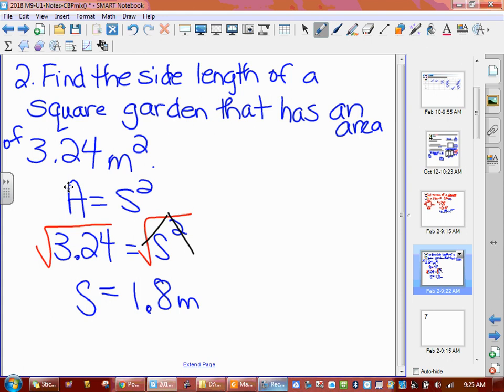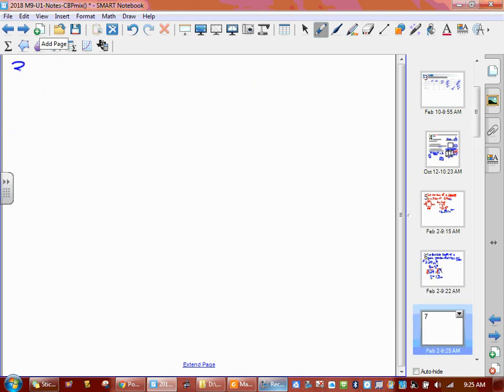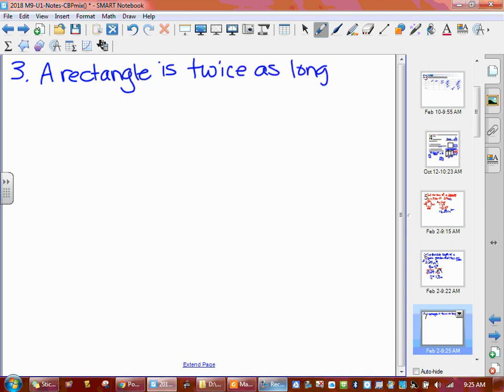Number 3. A rectangle is twice as long as it is wide, with an area of 288 centimeters squared.